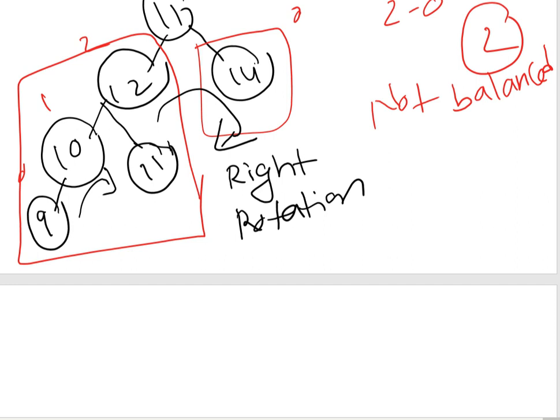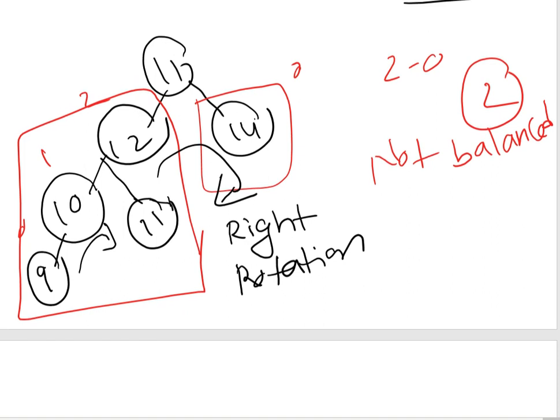Then what will be here? Actually, there are some duplicates here. See, in the tree, 11 is wrong, right? Left should be less than the root, right greater than the root. So 11 is less than 12, so it's wrong. We need to change it here.